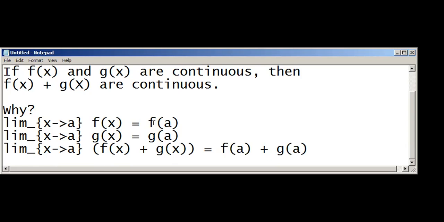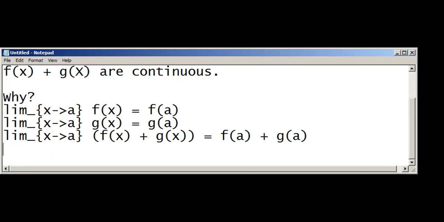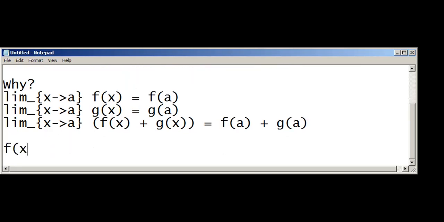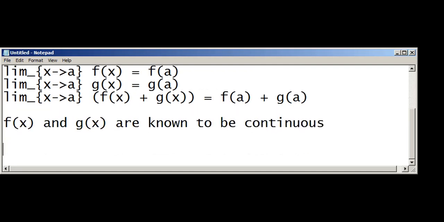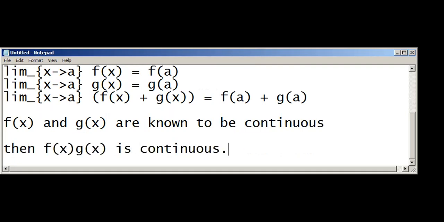So really, the limit laws and the rules of continuity are basically the same thing. In a similar manner, if f of x and g of x are known to be continuous, then f of x times g of x is continuous because of the product limit law, because the product of the limits is the limit of the products.